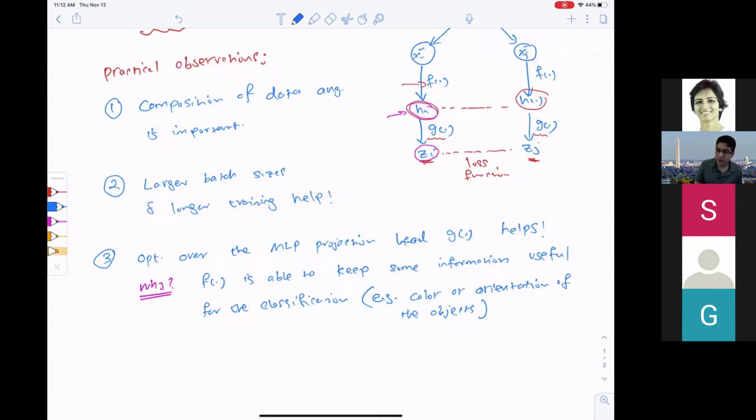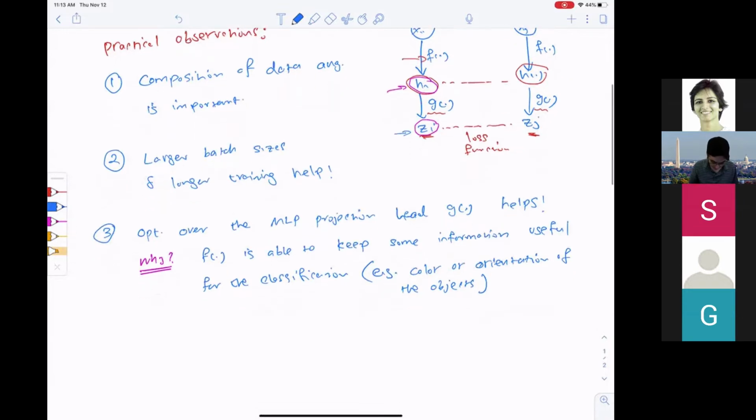And their hypothesis is that by training G, Z gets rid of such spurious correlations among the features, and therefore the classification task is a little bit harder. But H retains some of them, and therefore it can be good for the downstream classification task. That's one conjecture that they have, and this is an empirical observation, so it's a pretty hand-wavy explanation about this projection.